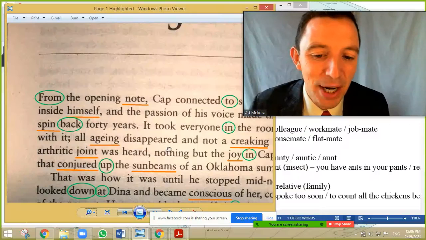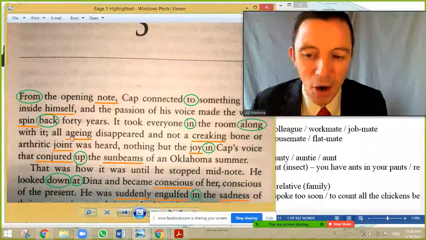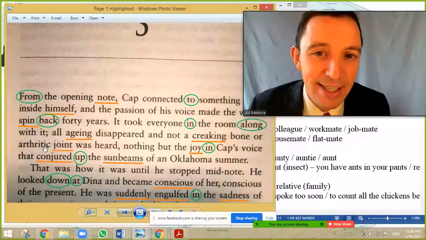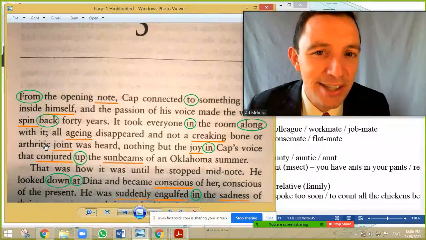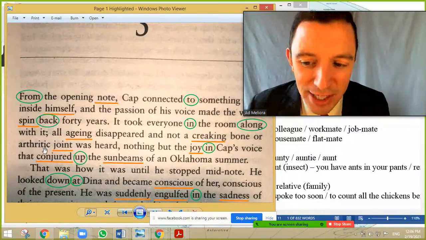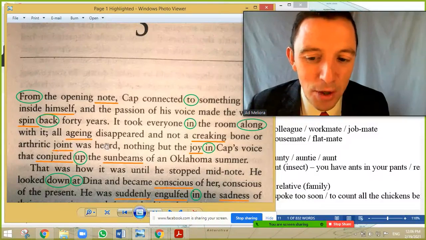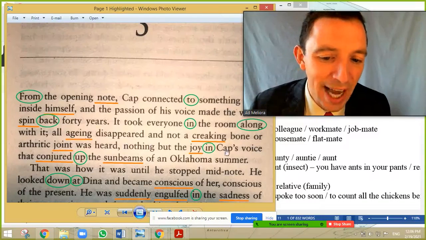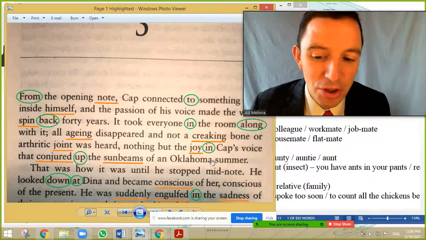All aging disappeared, and not a creaking bone, or arthritic joint. The disease is arthritis, and I think arthritic would be the pronunciation. Arthritic, very unusual, very advanced. Arthritic joint was heard. Nothing but the joy in Cap's voice that conjured up the sunbeams of an Oklahoma summer.